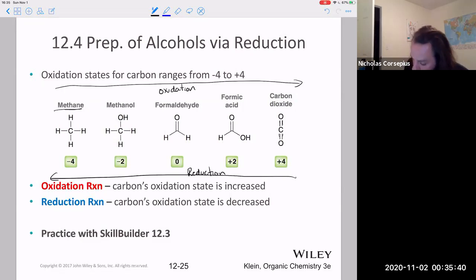So we can form alcohols by reducing carbonyl groups, right? So I guess actually this is a specific case with methanol and formaldehyde, but really it's the reduction of this carbonyl group would give us an alcohol. So we're going to learn a few techniques to do that.